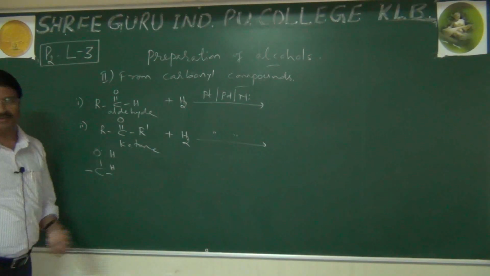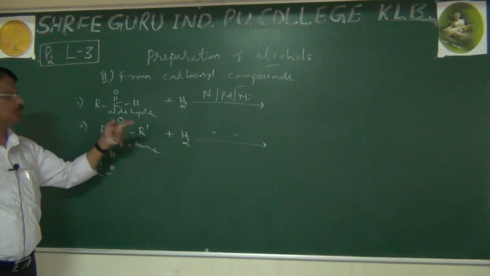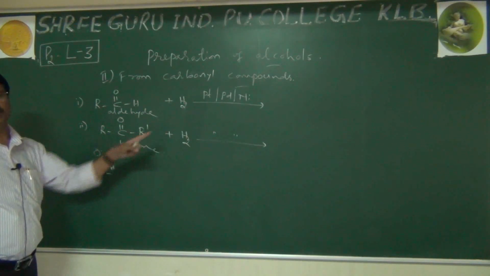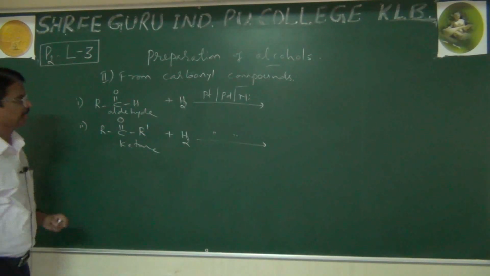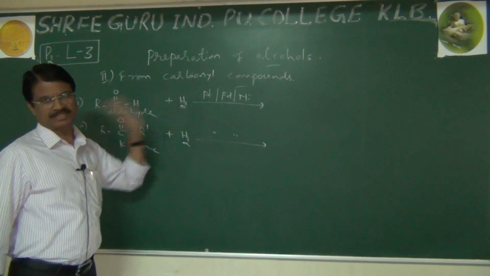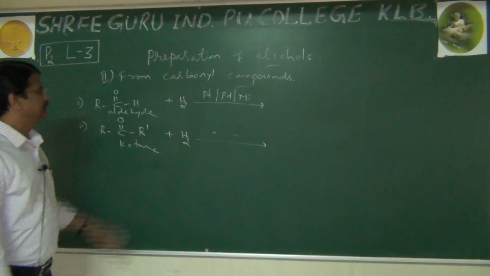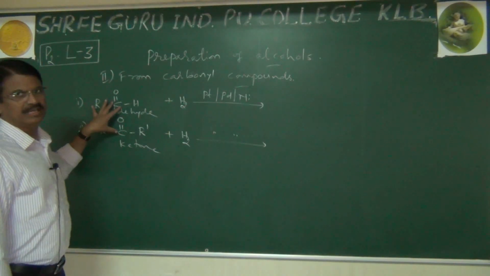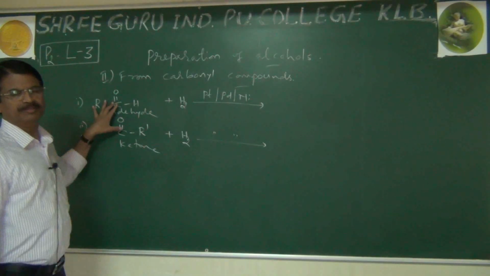Afterwards I will tell you what other reducing agents can be used to convert aldehydes and ketones into alcohols. First we consider this reagent, the catalytic reduction method. If a hydrogen molecule adds to an organic molecule, the process is said to be reduction.